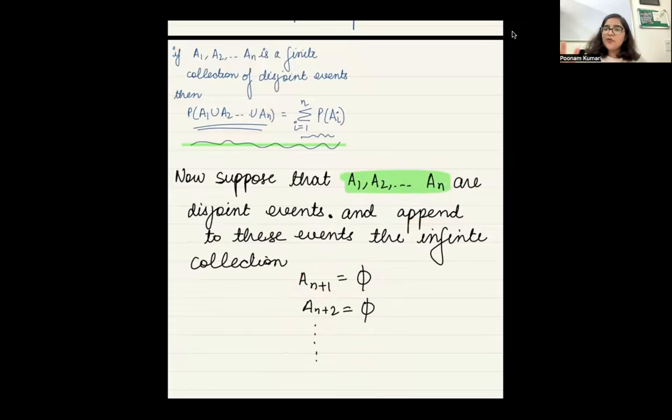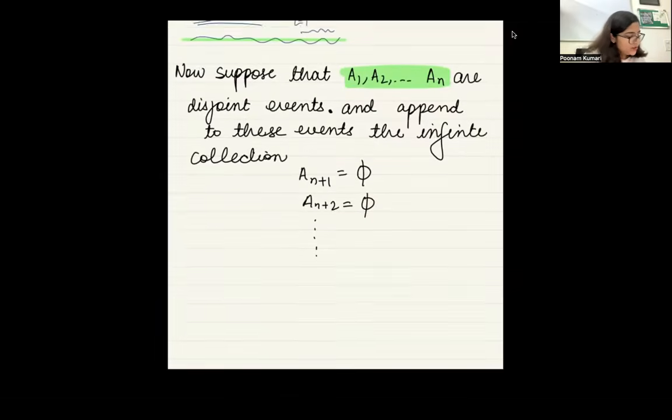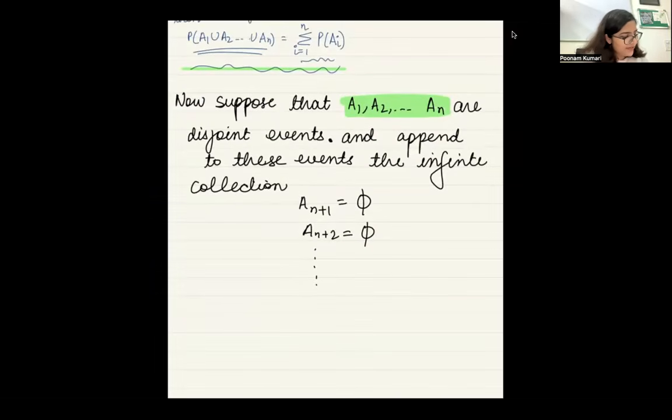Yes. So now you have an infinite collection of disjoint events, right? जिसमें null है उसका आप intersection करोगे, so that will be disjoint only, right? So basically now you have a list of infinite events A1, A2 up to AN, and then AN plus 1, AN plus 2, like this.